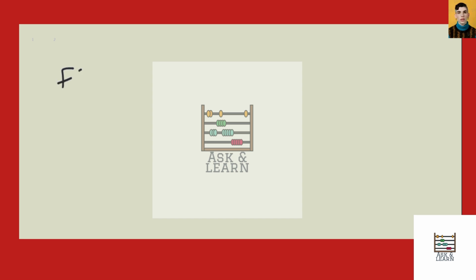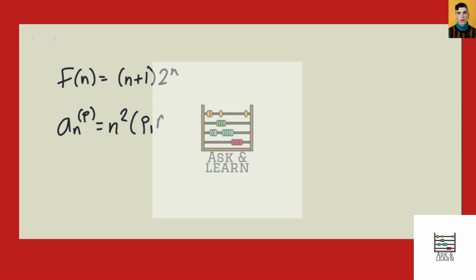The particular solution is equal to (n + 1) times 2 to the power of n. So we will take our particular solution, a_n to the power of p, to be equal to n squared times (p1 times n plus p naught) times 2 to the power of n.